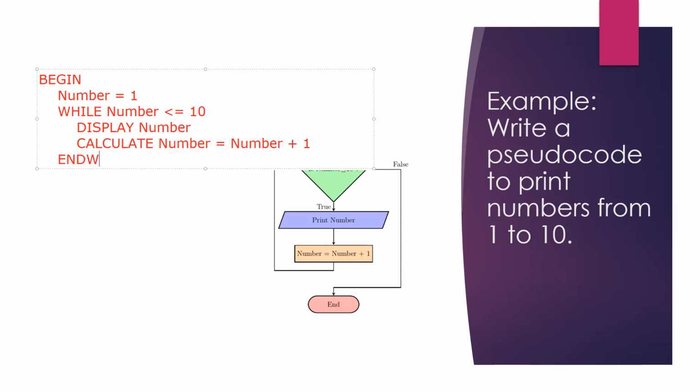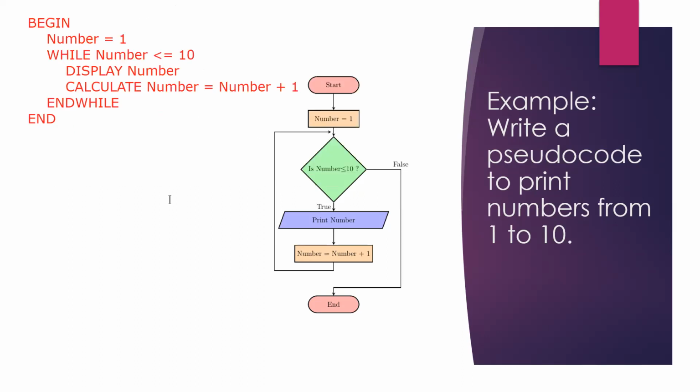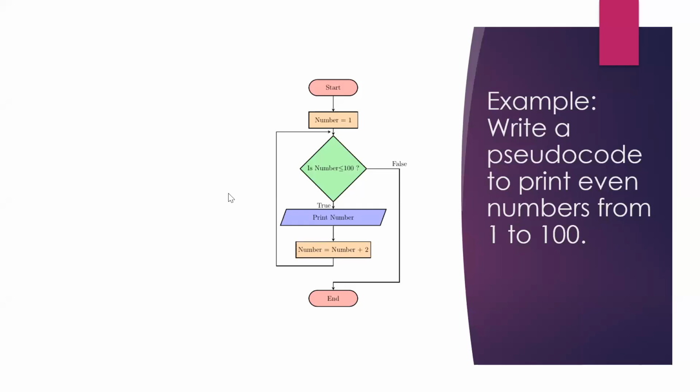And end while. That's it. All right. So here is the answer. So this is the second one. So can you write the pseudocode for this? Printing even numbers from 1 to 100.